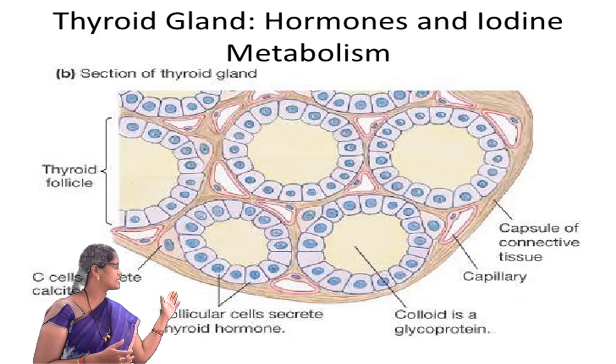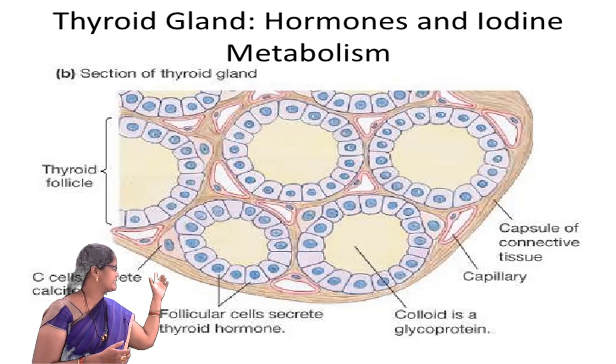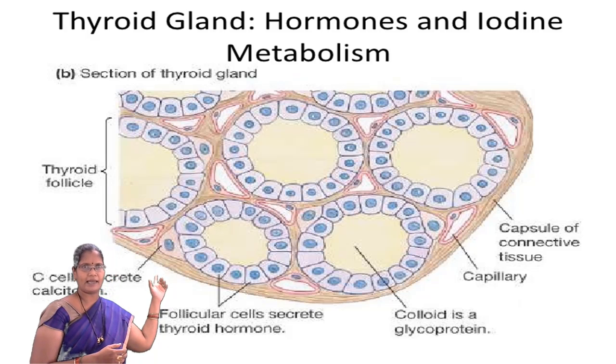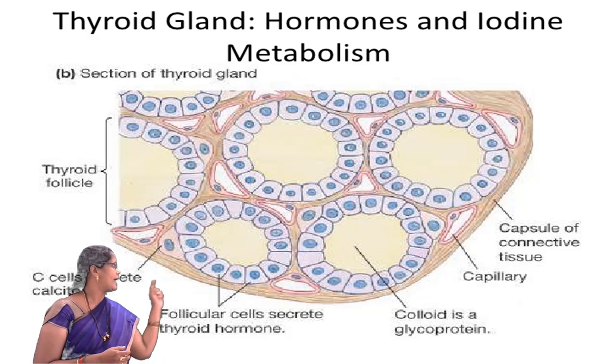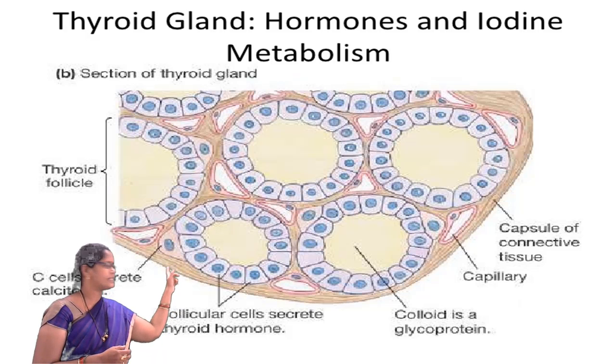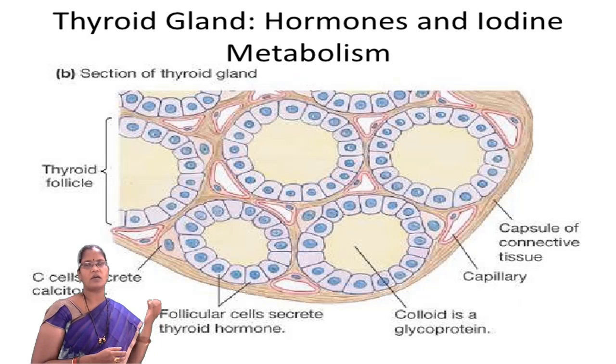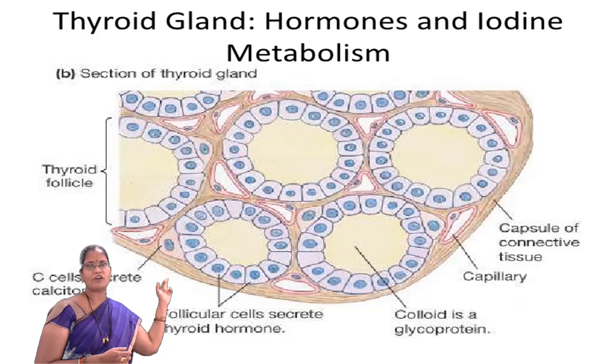Along with the follicular cells, another type of cell called C cell is present in the thyroid gland, and this C cell secretes the calcitonin. So C cells secrete calcitonin, and the follicular cells secrete the thyroid hormones. Inside the follicle, there is a matrix called colloid. This colloid is a glycoprotein.